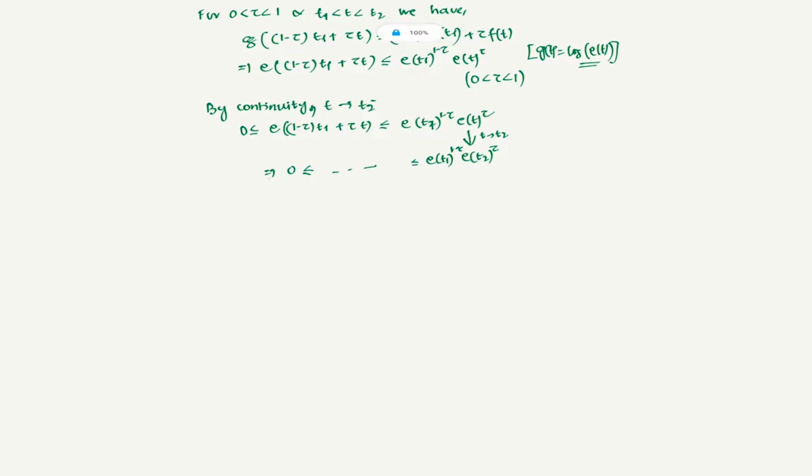So what does that mean? It means that e of t is 0, yeah, so this is e. I'm really sorry about this. So e of t is 0 for t between t1 and t2, this is given to be 0, this is what our assumption was. So for all t on the line segment containing t1 and t2, e of t is 0, because it is sandwiched between 0.